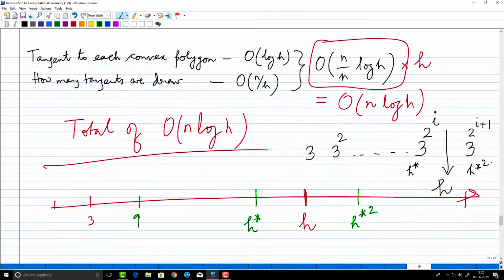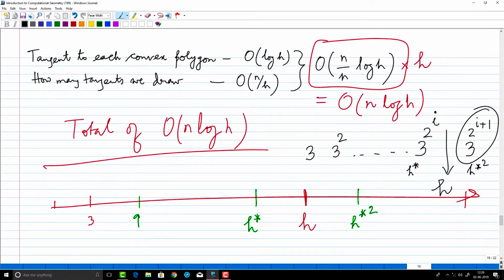right. Now, see this is a geometric series. So, it is only the last term that dominates, and if you take its log, what is coming out? Only i, right, and that is your n log h, fine. So, just go back and just do this thing.